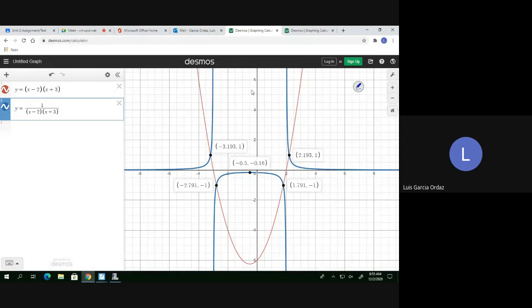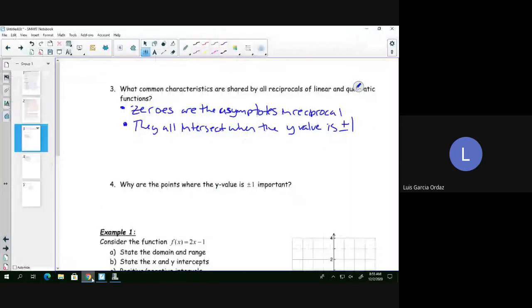So the parent function here has a minimum, okay? What does this reciprocal function have? Maximum. So if f of x has a min, then 1 over f of x has a maximum.